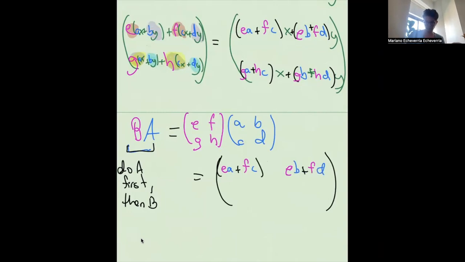And then GA plus HC. And the last entry is GB plus HD.